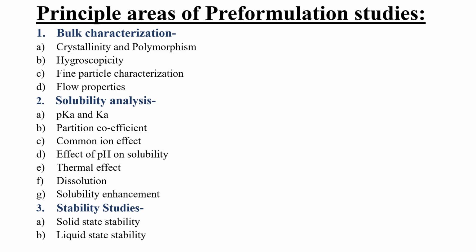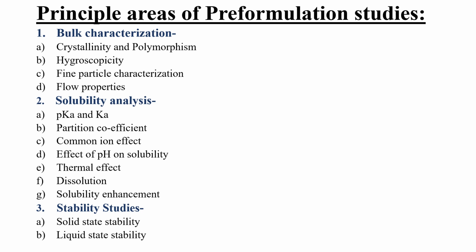Next, the important part is the principal areas of pre-formulation studies which we want to cover in this discussion. It can be divided into bulk characterization, solubility analysis and stability analysis. In bulk characterization, we will discuss crystallinity and polymorphism, then hygroscopicity, next fine particle characterization and flow properties.